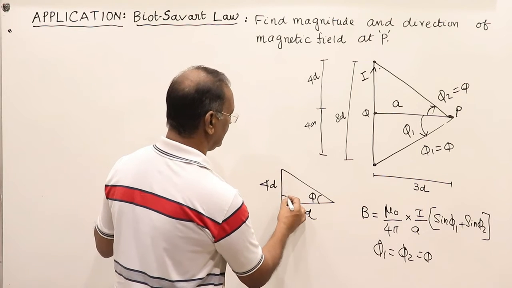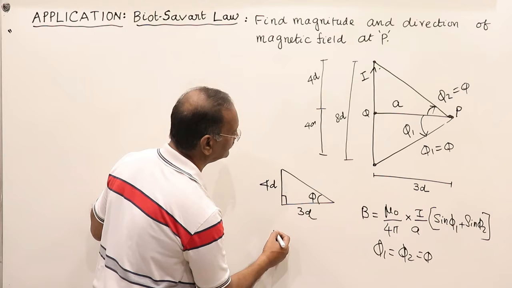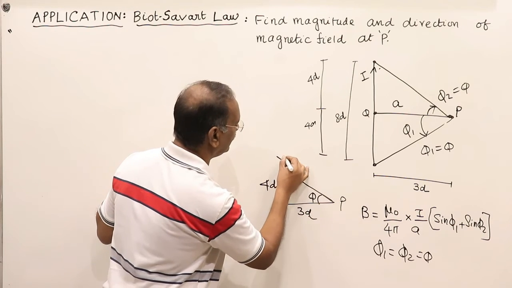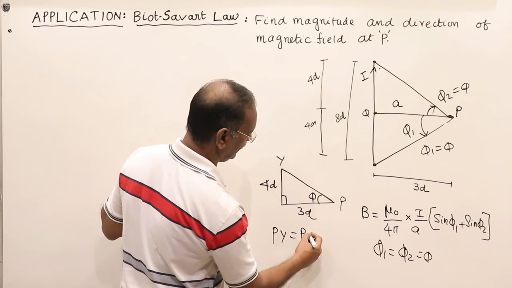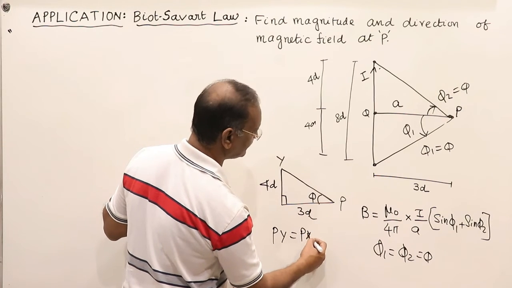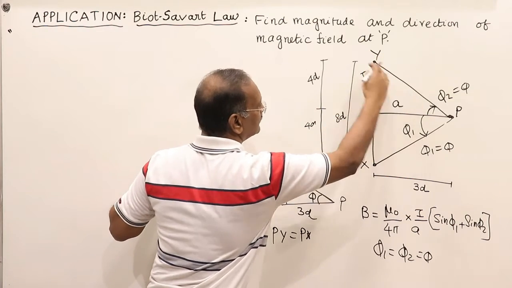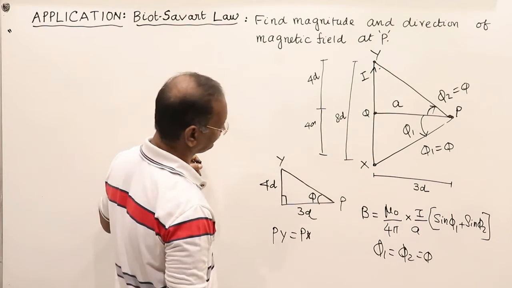By using the right angle triangle, the hypotenuse, that is this length, is P and Y. Py is equal to Px. It will be the same because this is x, this is y. This length and this length will be the same because both are the same triangle.